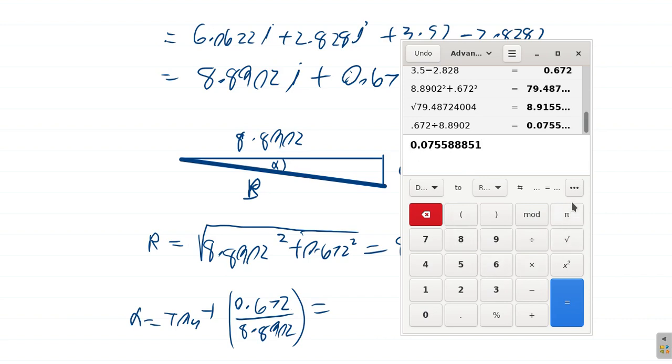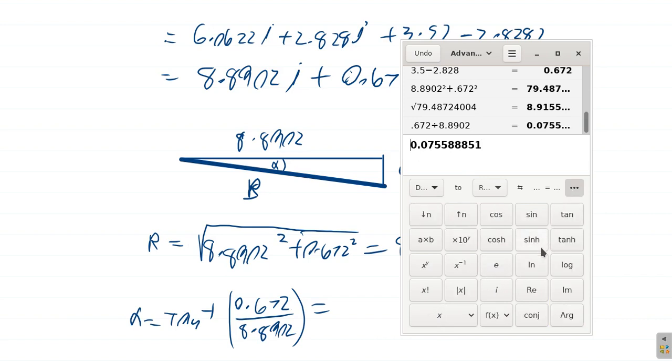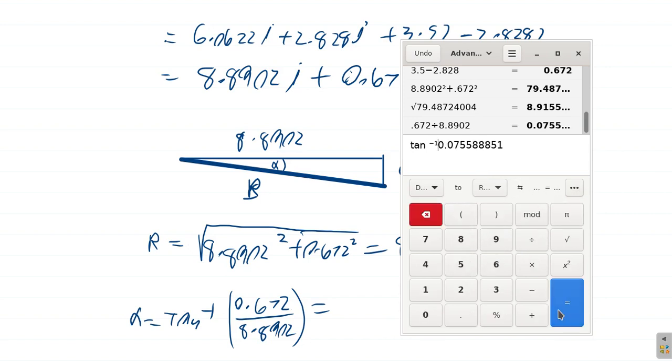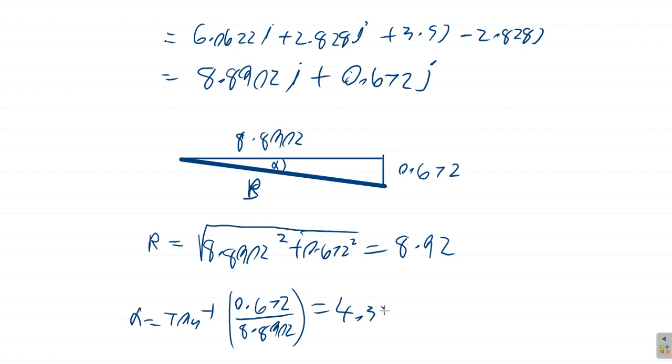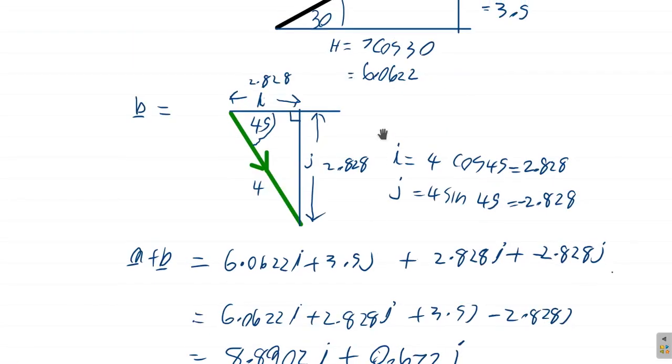And then we say tan inverse of that, equals 4.32 degrees. Now that 4.32 degrees is to the horizontal.